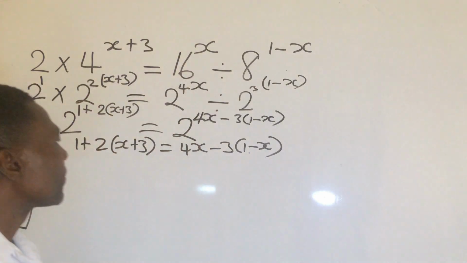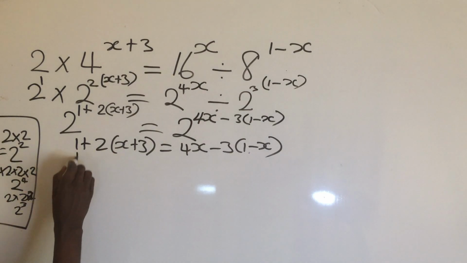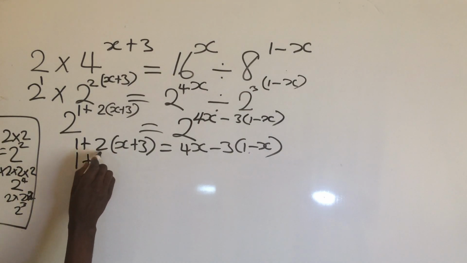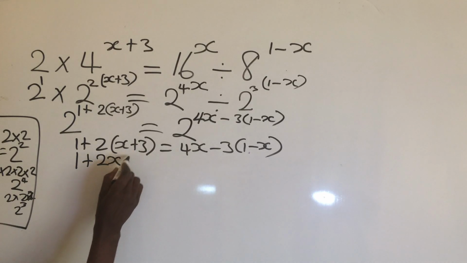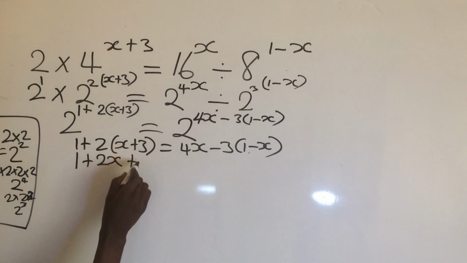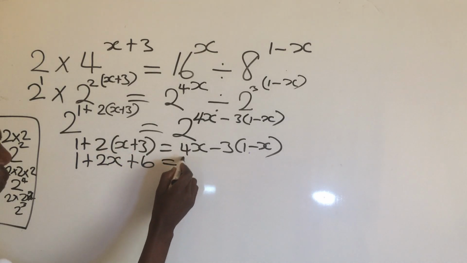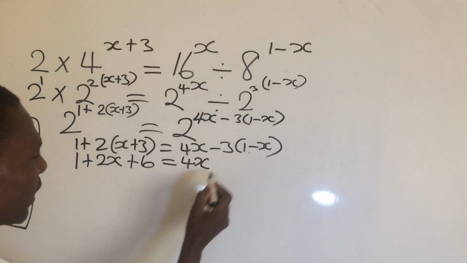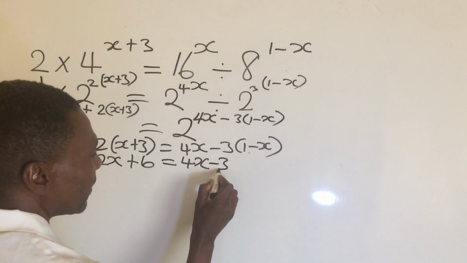Follow it that way. Now, we open the brackets. 1 is already here plus 2 times x, by opening the bracket, we now have 2x plus 2 times 3 is 6, equals 4x. We now open bracket here by saying minus 3 times 1 is minus 3.